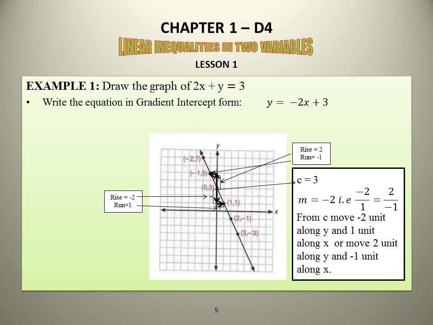Gradient intercept form of this equation is y is equal to minus 2x plus 3. Then we have to identify what is C and what is M. In this case C is 3 and M is minus 2. Because M is negative, we can write this as minus 2 over 1 or 2 over minus 1.